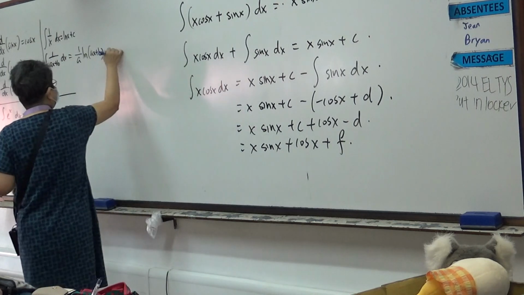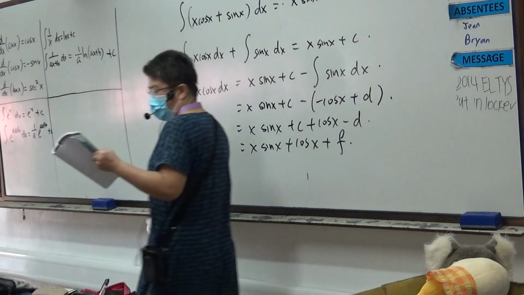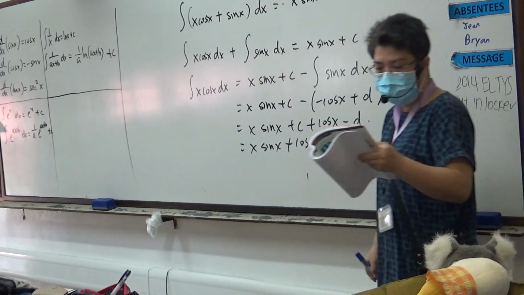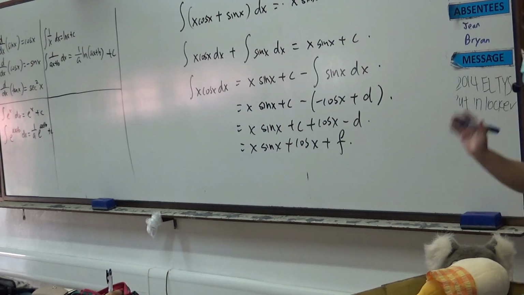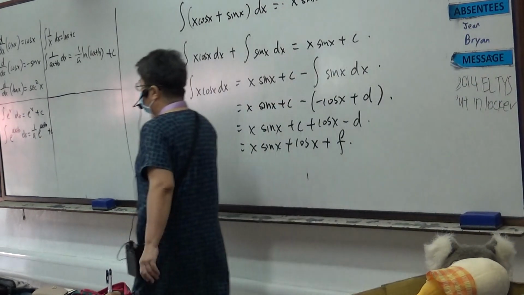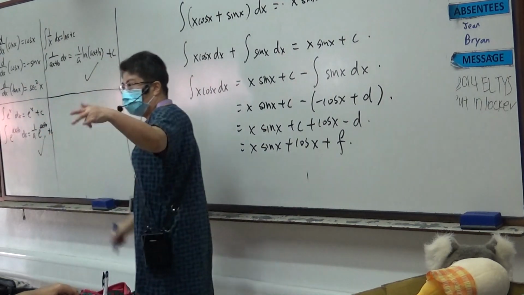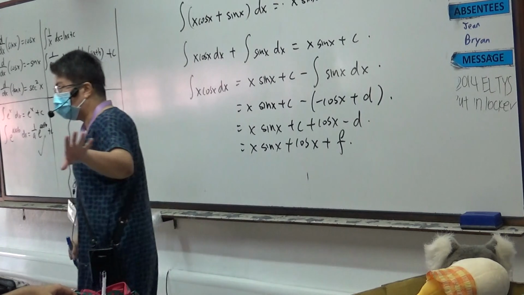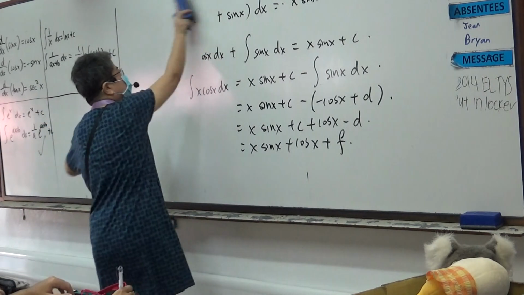Then of course you must add a constant, therefore we have a plus c still. So these are all the things that we have. Are you all okay? I will go through simple examples to illustrate this. The application part we'll do later. Alright, so let's move on to the simple things first.